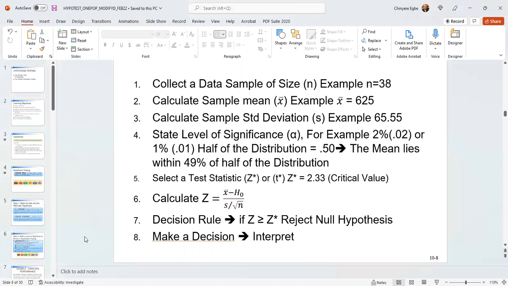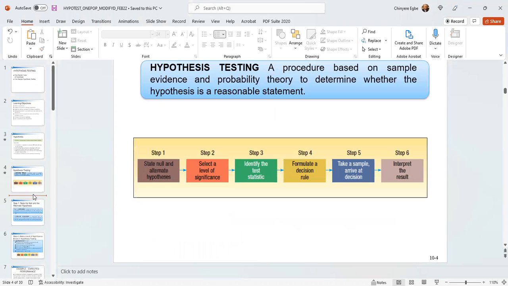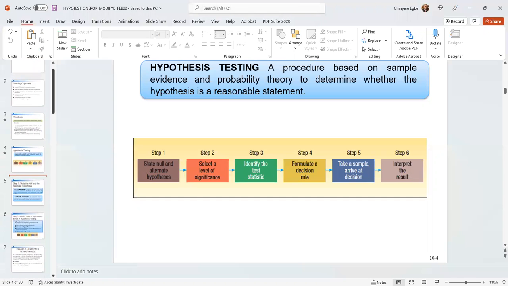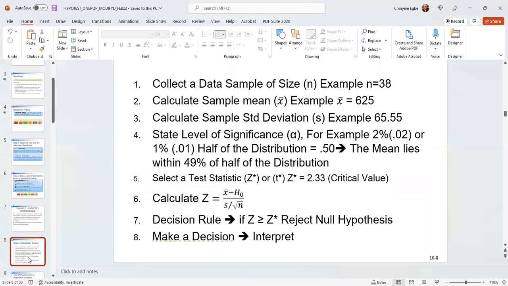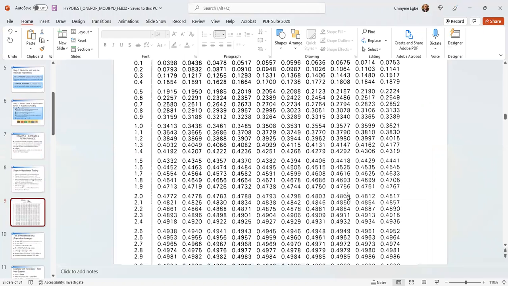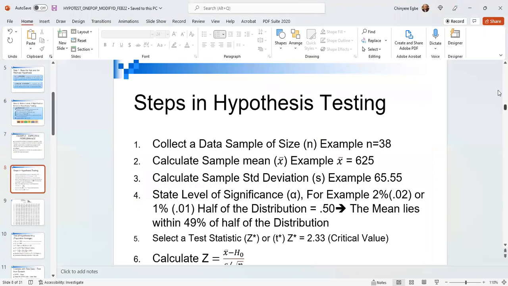Let's look at the critical value here. Do you remember this table? Yes. Okay.